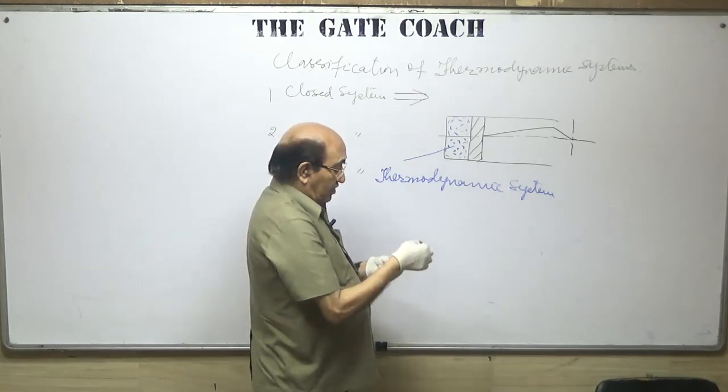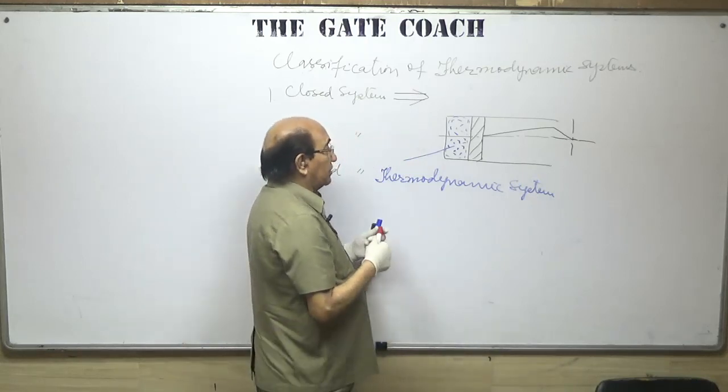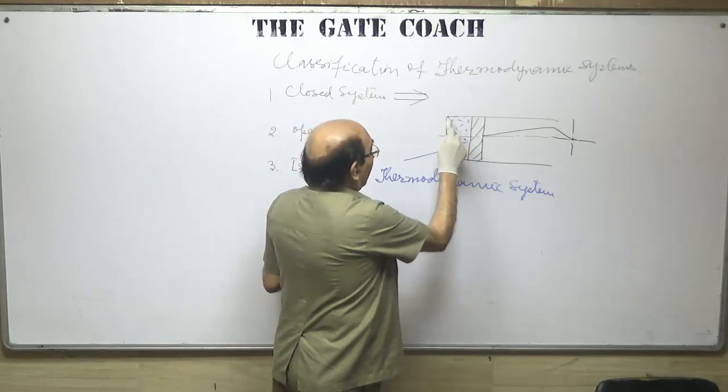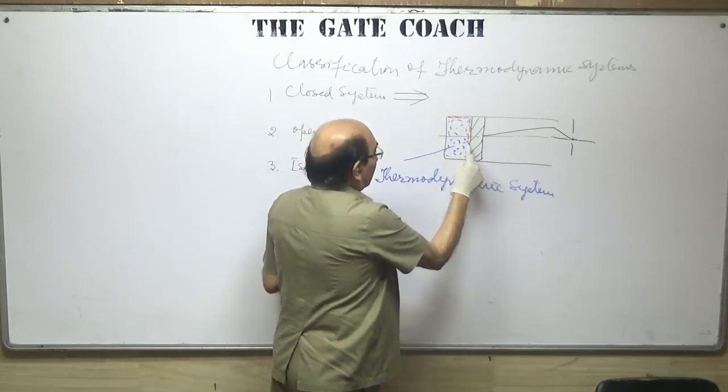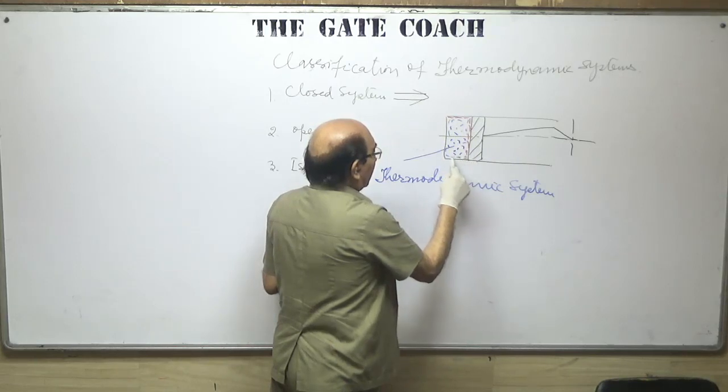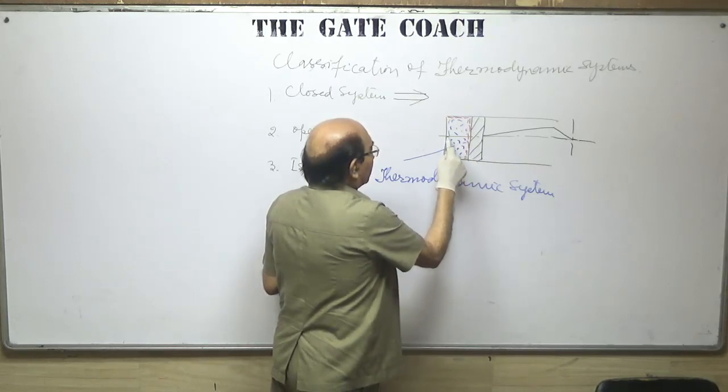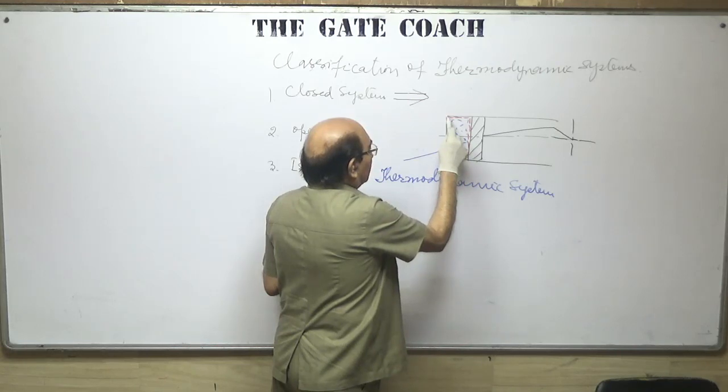Next we have to mark down the system boundaries. These are the surfaces with which these gas molecules can be separated from the universe.